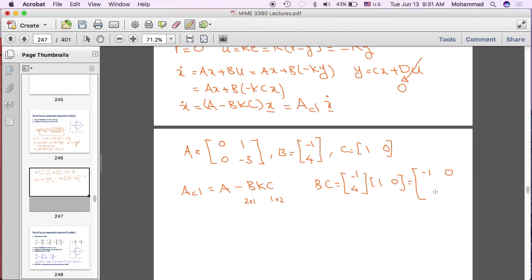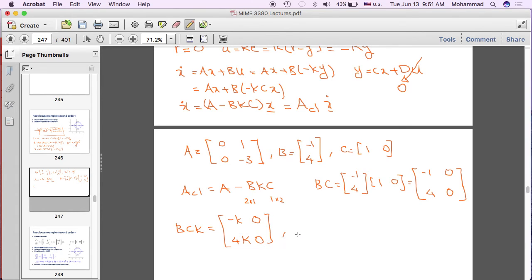Row 2, column 1, 4. Row 2, column 2, 0. So this is B times C. Now let's calculate B times C times K, which is our controller gain. So it would be minus K, 0, 4K, 0.